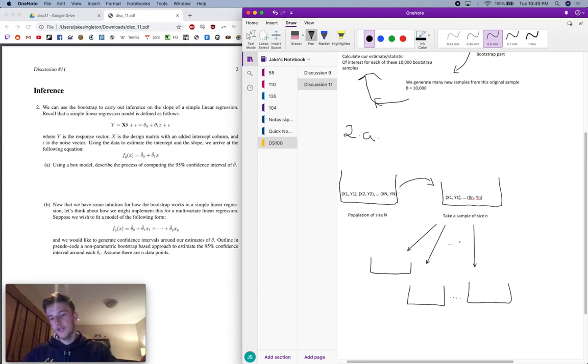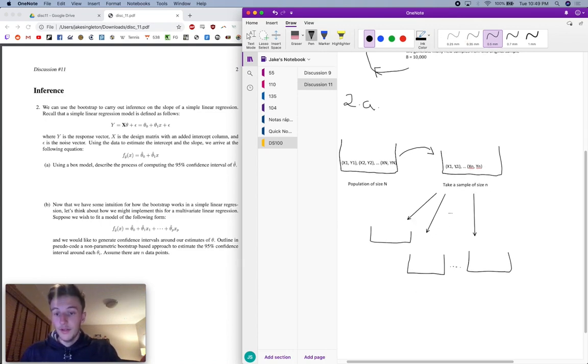The idea with the bootstrap is we're going to take this sample and generate, we'll say, again, B equals 10,000 new samples. We'll call them bootstrap samples. So generate B equals 10,000 new samples called bootstrap samples from our sample, drawn with replacement.